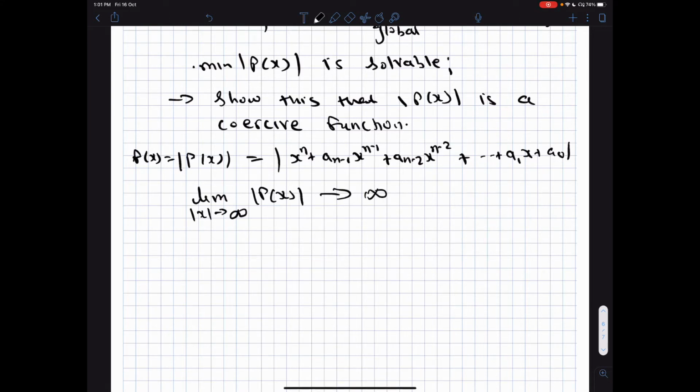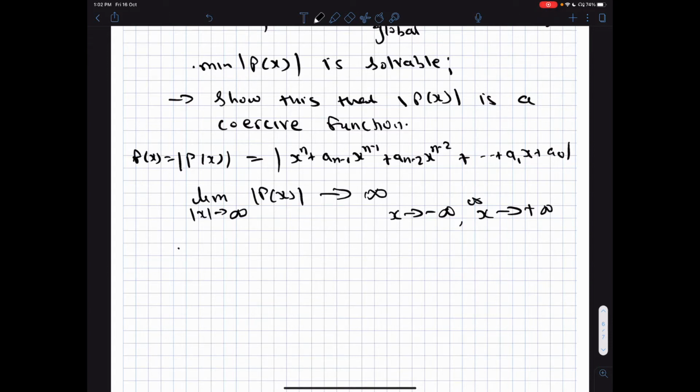It doesn't matter whether x goes to minus infinity or to plus infinity. Both the cases are fine, and it's just a univariate function, so there is nothing to really expand further.